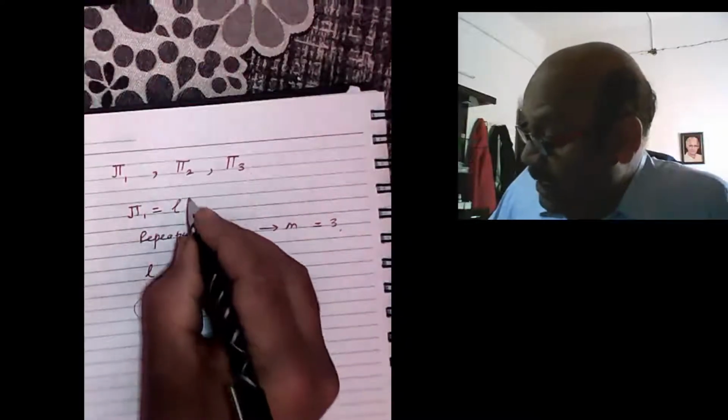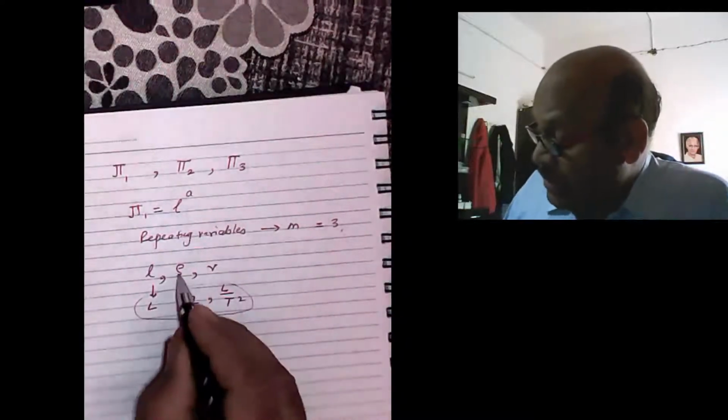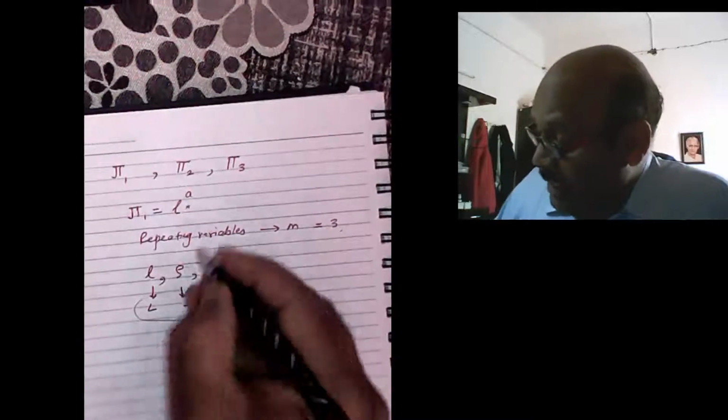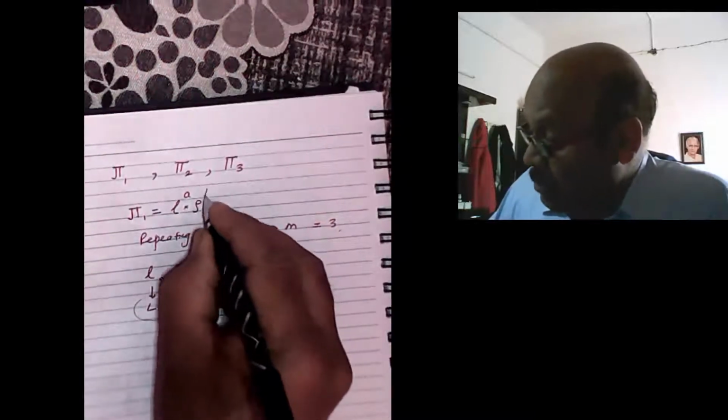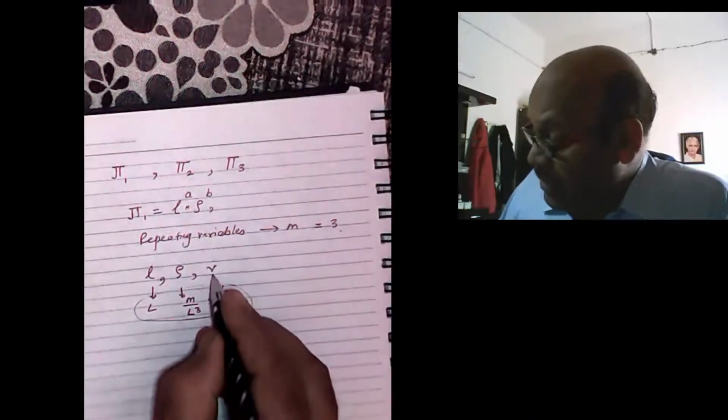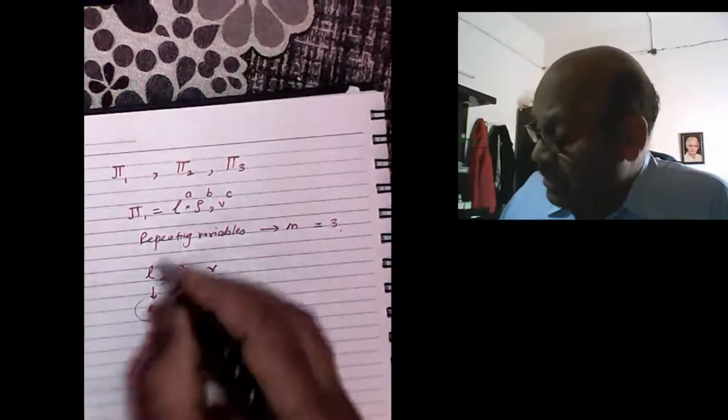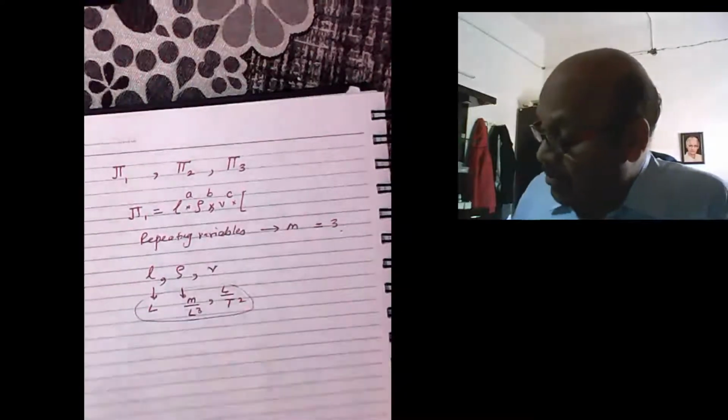So pi 1 would be equal to the repeating variables: L raised to some unknown power, multiplied by the second repeating variable rho raised to some unknown power, and V raised to unknown power c, multiplied by one of the remaining terms.